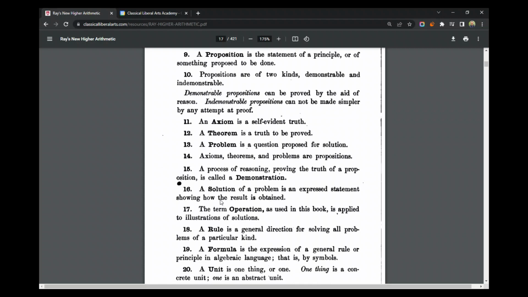Article 16, a solution of a problem. Remember, problem is defined in Article 13. A solution of a problem is an expressed statement showing how the result is obtained.